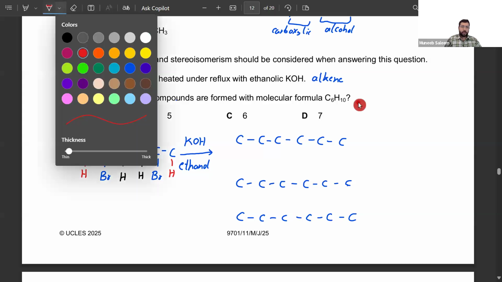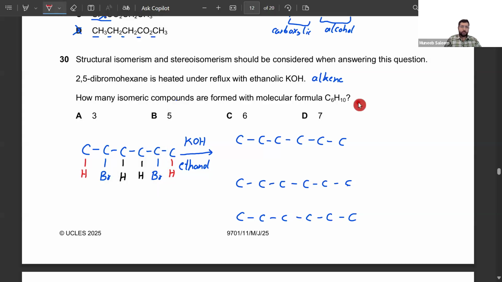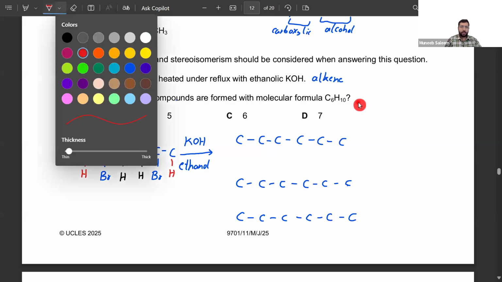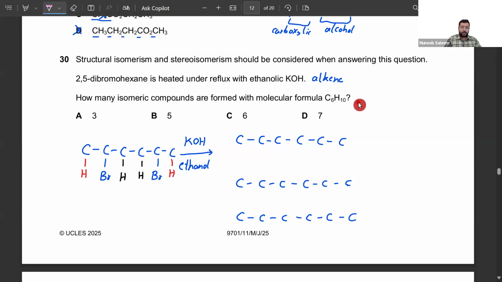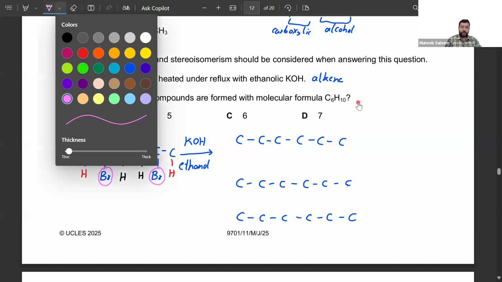So let's start from here. I will draw with a different color. Definitely these bromines have to be removed in all cases.